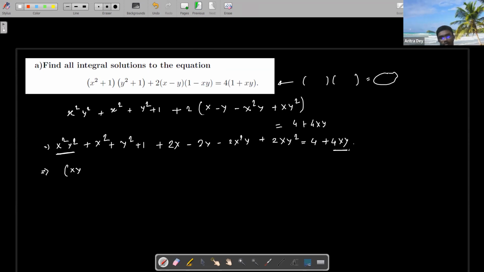So what can I do? I can bring it to this side, and then I can find a 2 or something like that. So to find a 2, we can easily factorize it. We can find a factorization.